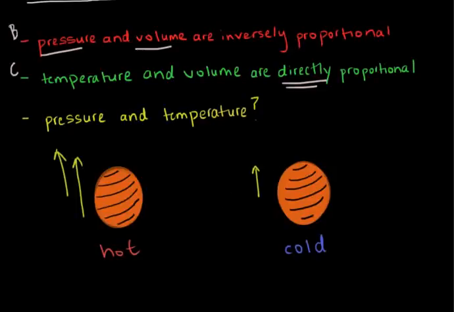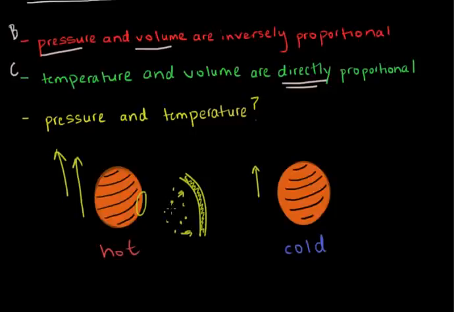Let's take a look at what's happening at the molecular level. So let's zoom in on the wall of the hot basketball. So if this is the wall of the hot basketball, first we know that the volume of the basketball is constant. We can't really manipulate this thick rubber that is the basketball. So when we increase the temperature of the basketball, we know that the little air particles inside that we've pumped inside are going to move faster.